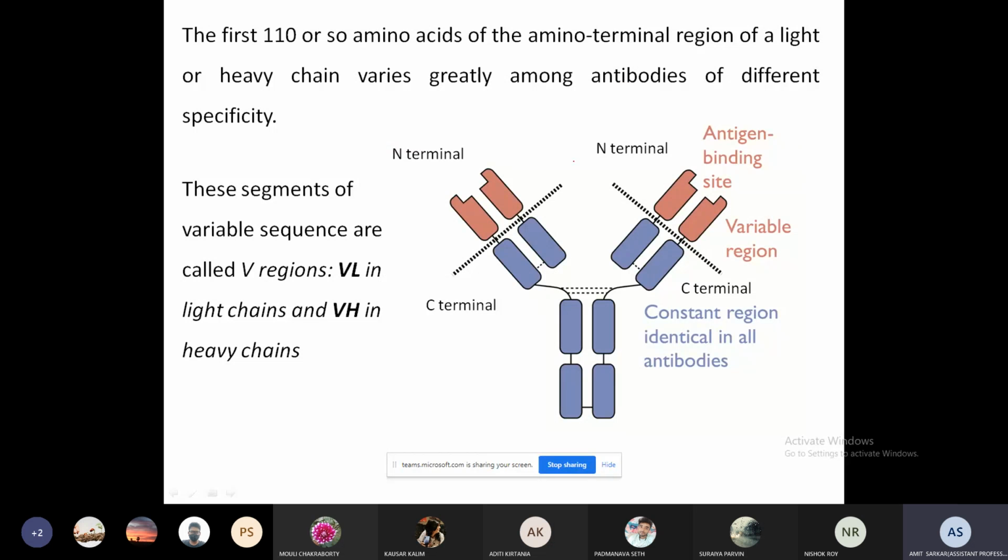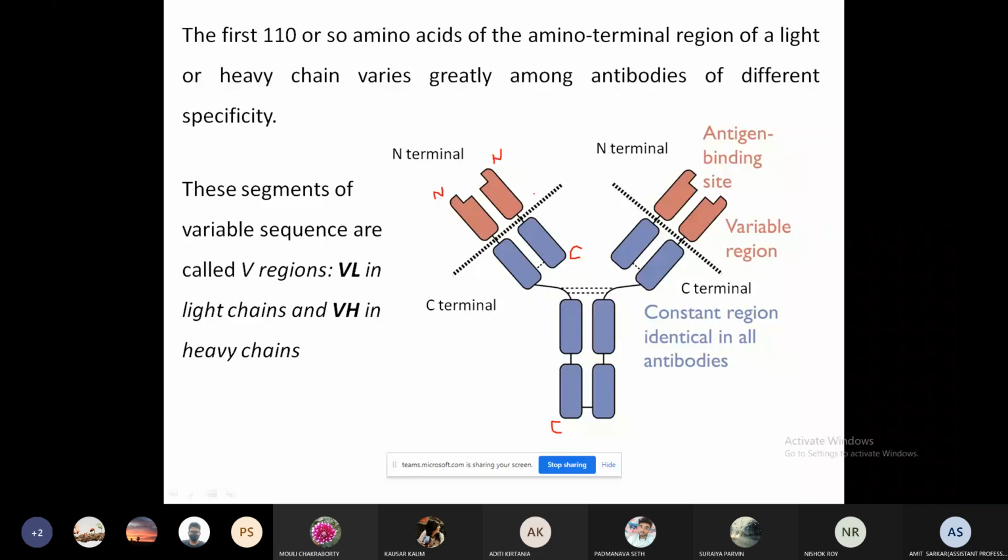Of course, I'm not going into the detail, but as this is a peptide, if you consider this light chain, this is the N-terminal of the light chain, and this is the C. For the heavy chain, this is the N-terminal, and then goes, sorry, totally wrong. They have drawn it a little bit differently. So this is the light chain, this is the N-terminal, and this is the C-terminal. For the heavy chain, that starts with the N-terminal and then the C-terminal over here. Similarly, the other also goes like that.